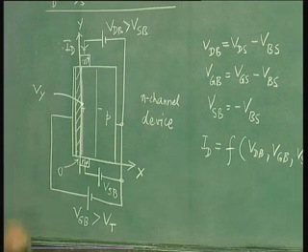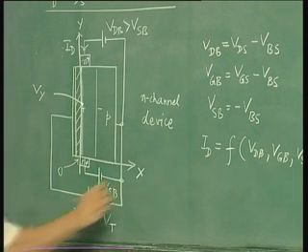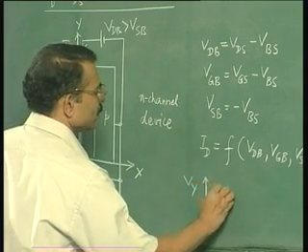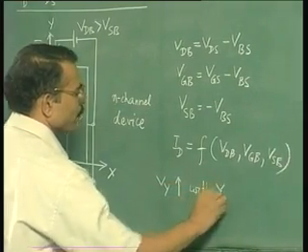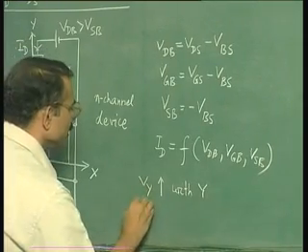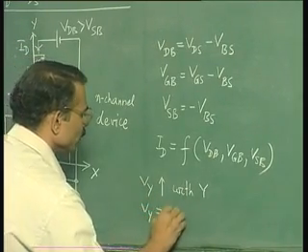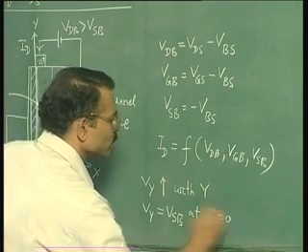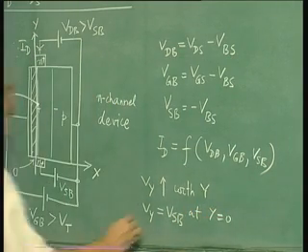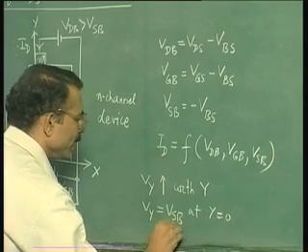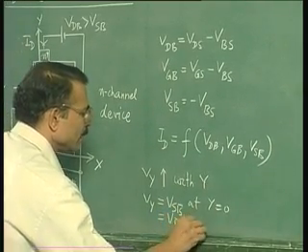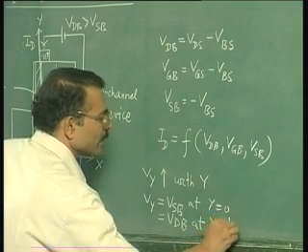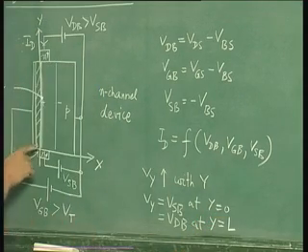So first let us write down the value of Vy. So Vy increases with y and its values are Vy is equal to VSB at y is equal to 0 and it is equal to VDB at y is equal to L, where capital L is the channel length.